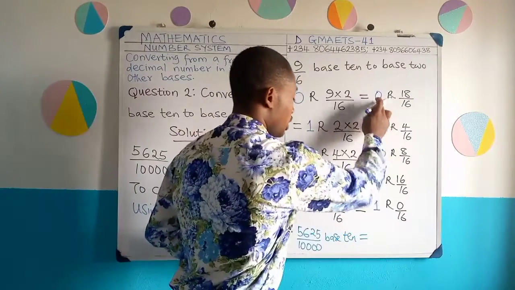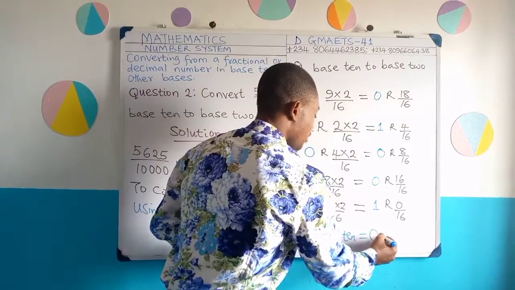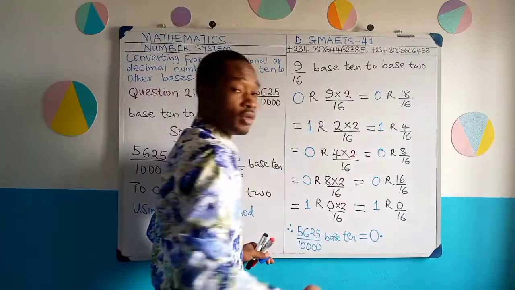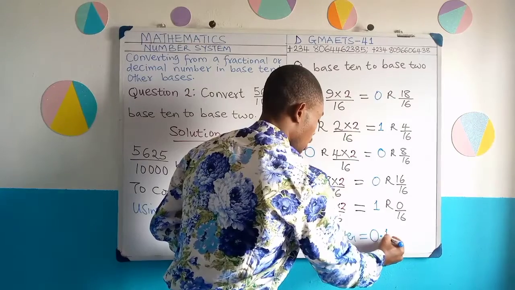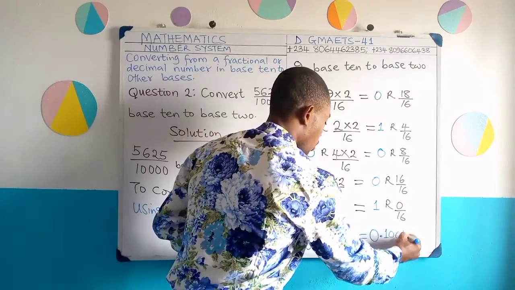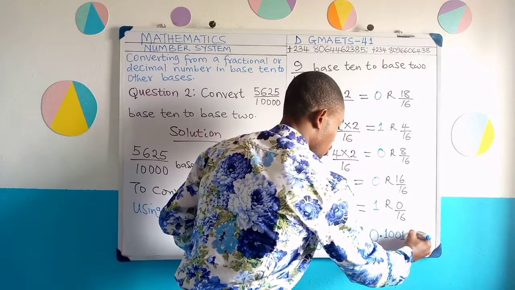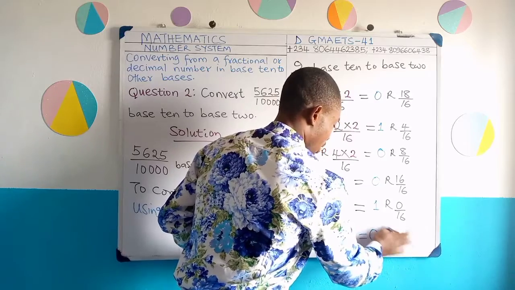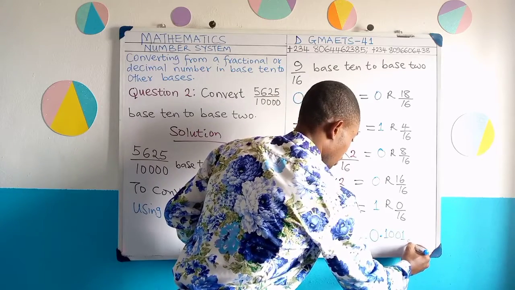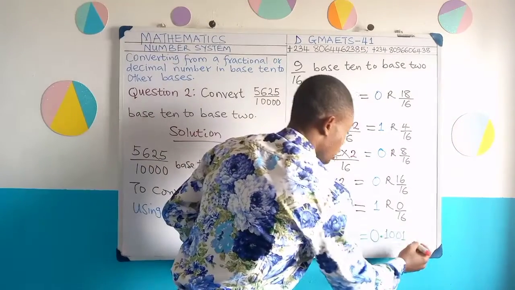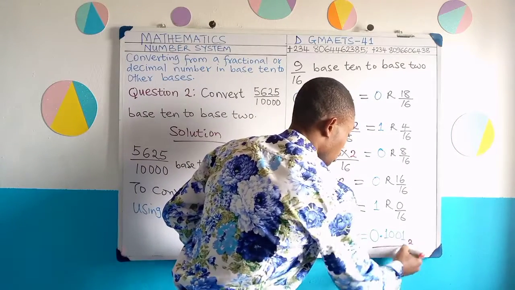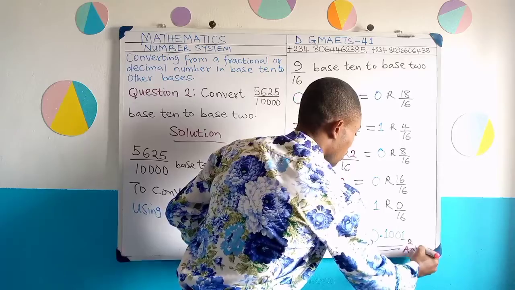So it's going to be, you pick this, the first one, 0. After the first one, you put your point. Are you following, right? Then 1001 base 2. Alright, let me place the base 2 under here, using the red marker. Good. So this is our answer.